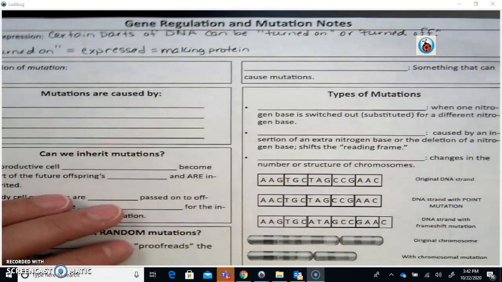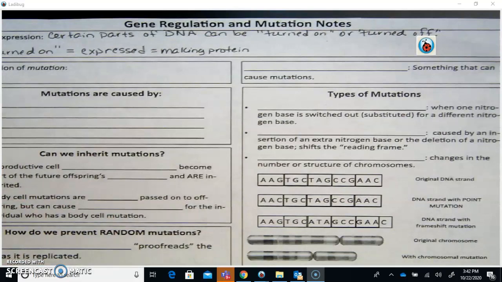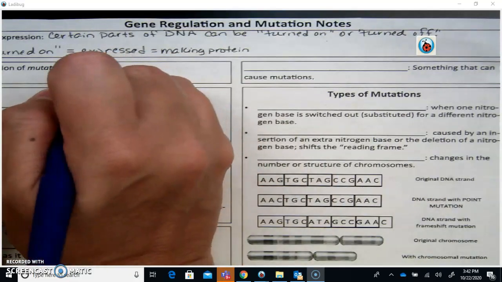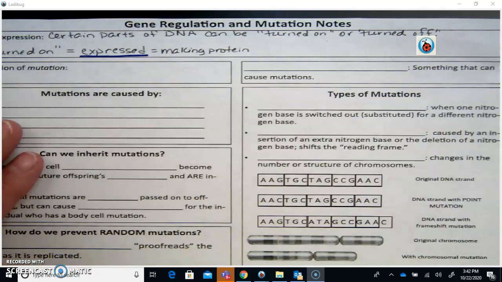Okay, so again, another way to say that a gene is turned on is to say that it is expressed.